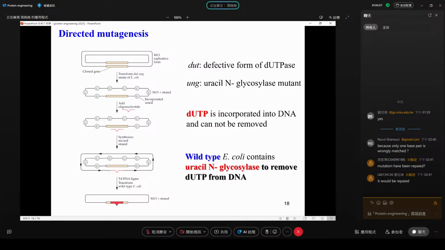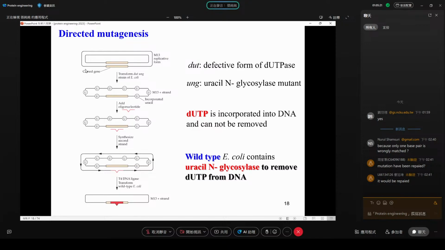But if one day you have to make your own mutation, there is already a kit. And sometimes they even have a methylation-specific enzyme like DpnI to kill all the parental strand. So the major point for this kind of mutagenesis is that you can make a new mutant easily with a one-mismatch oligo.